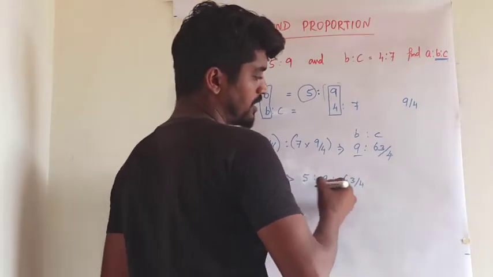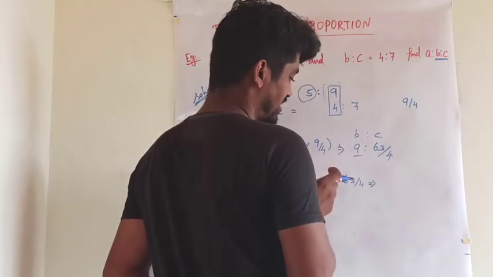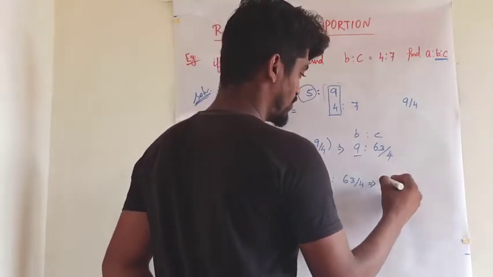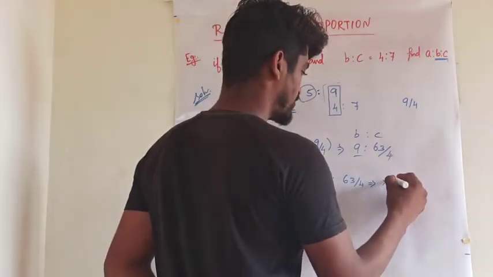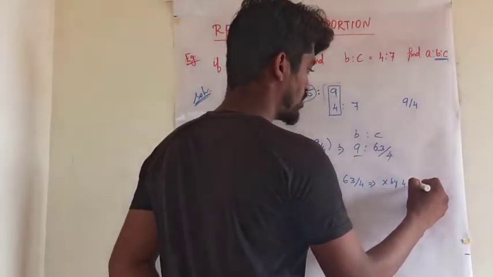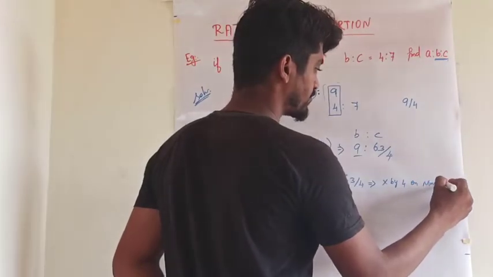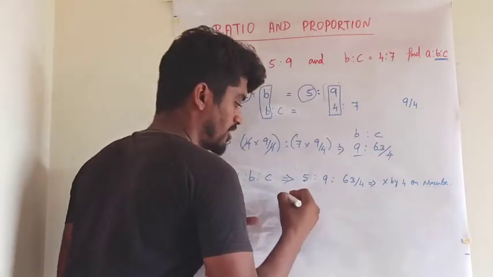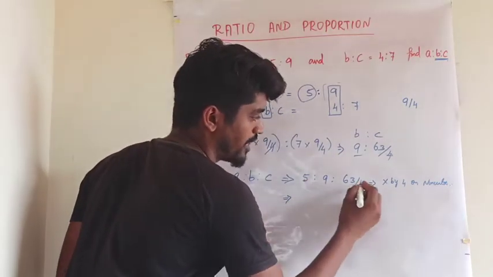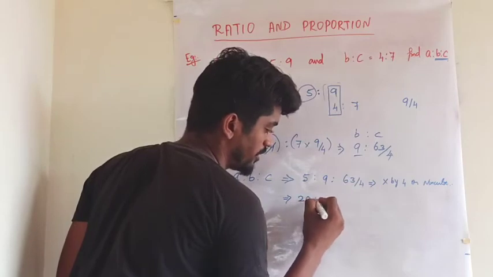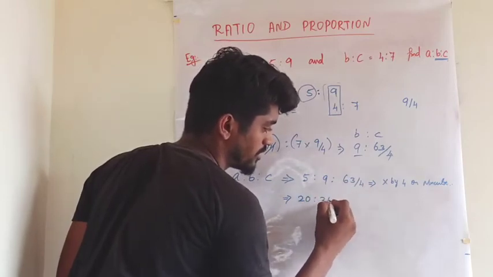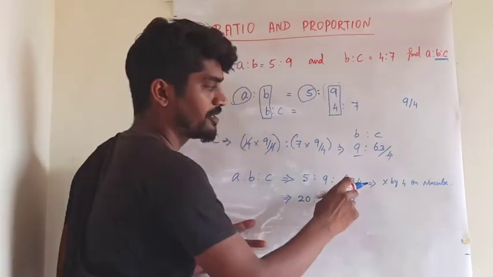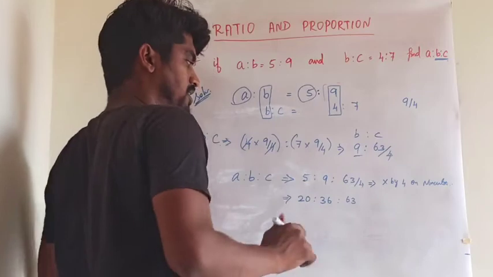Here division by 4 is there, so we multiply by 4 for all the terms A, B and C. The value should not be changed, only the format could be changed. 5 into 4 is 20, is to 36, is to 63 multiplied by 4 and divided by 4, the value is 63 only.